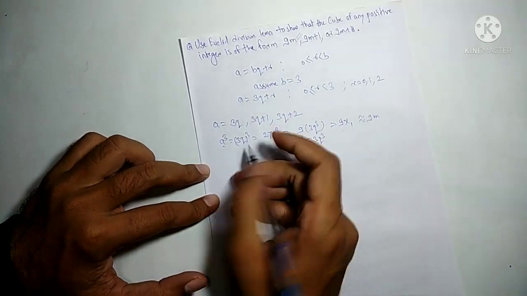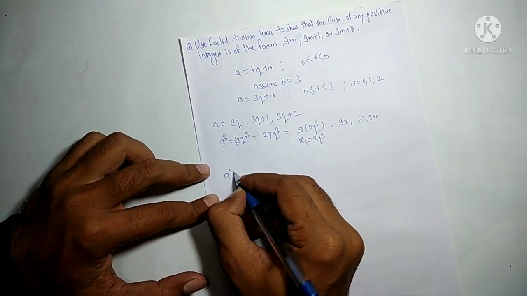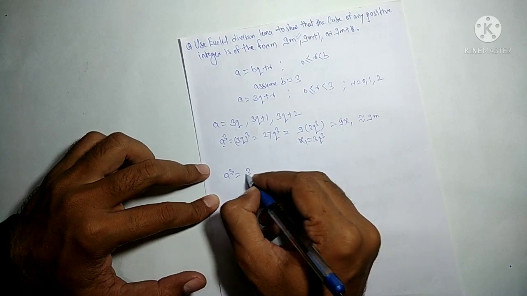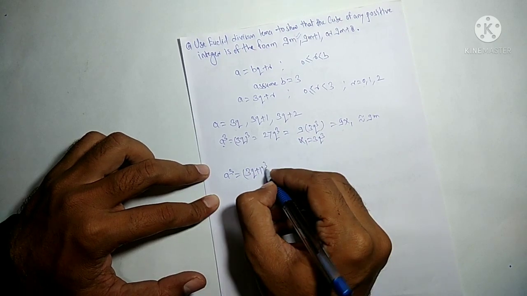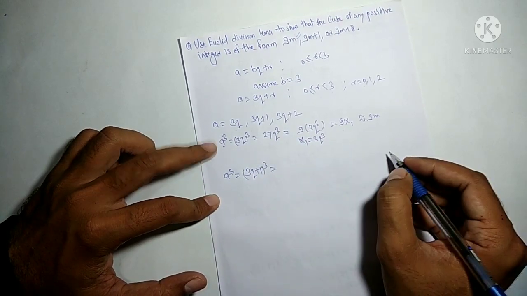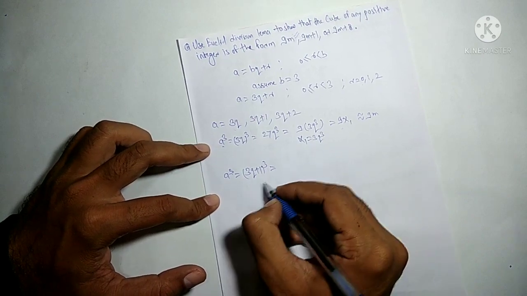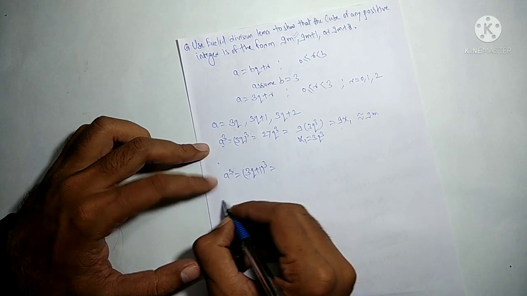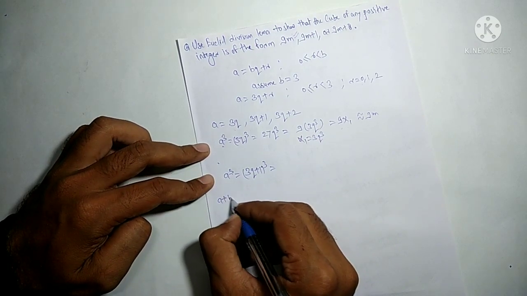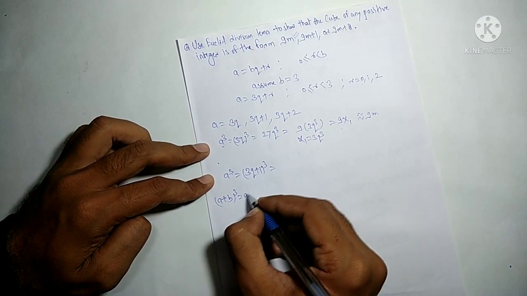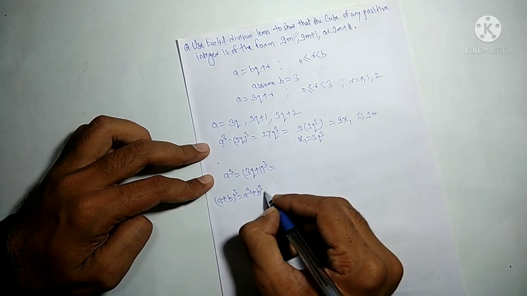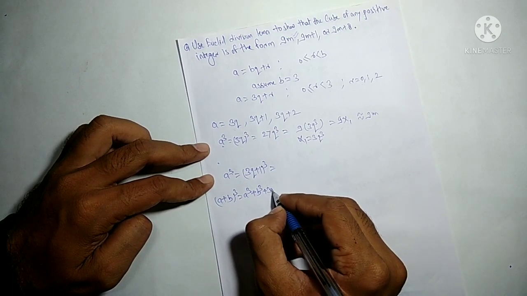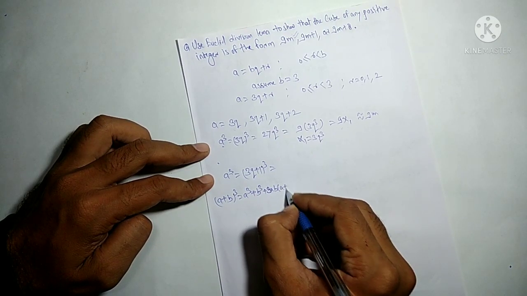Okay, now a cube equals, for the next possible form, (3q plus 1) cube. What is the formula for (a plus b) cube? I write it down here for you: (a plus b) cube equals a cube plus b cube plus 3ab(a plus b).